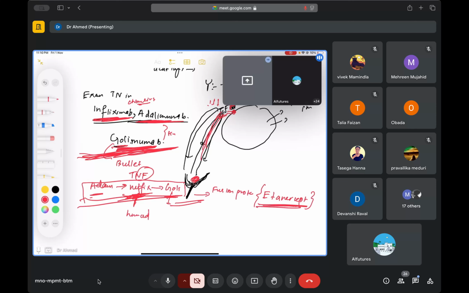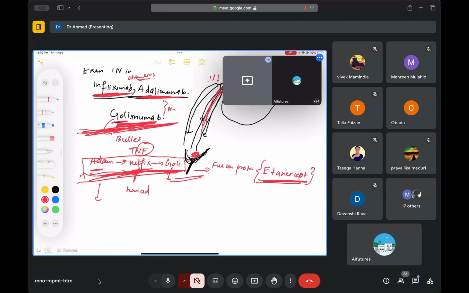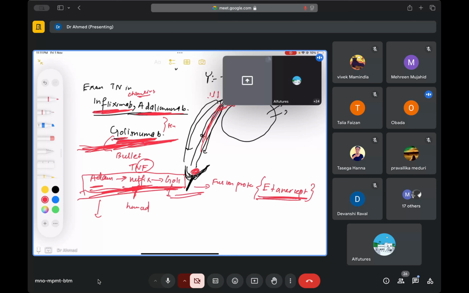So this is the mnemonic. Anyone who can give a good mnemonic for this, Adam, Netflix, anything like that? Guys, this was your task, you are going to make the mnemonic. Adam and goali are the chimeric form.